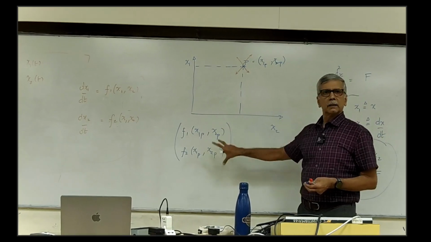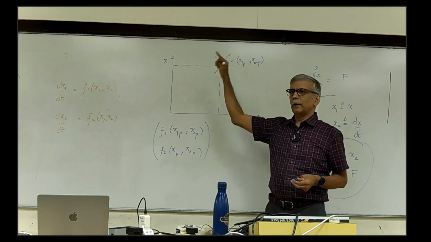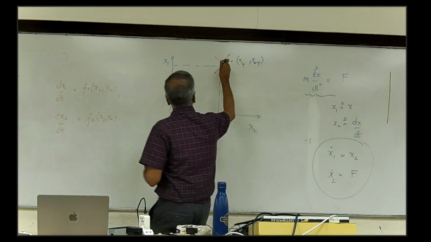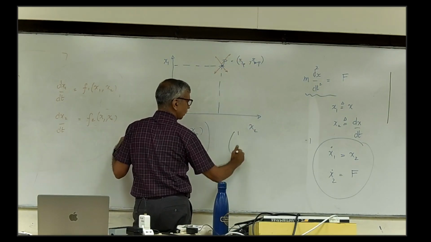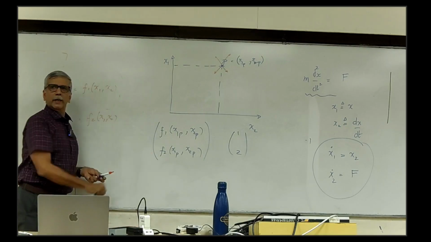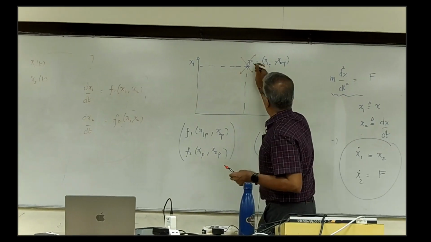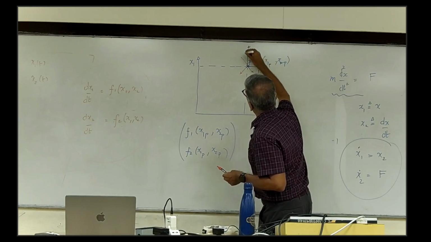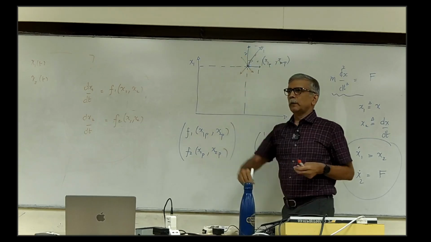If I plot this 2 by 1 vector here, I'll get a vector in some direction, right? With this base point, suppose this vector were 1, 2. Then the x component is 1, the y component is 2, and the resultant is moving in this direction.